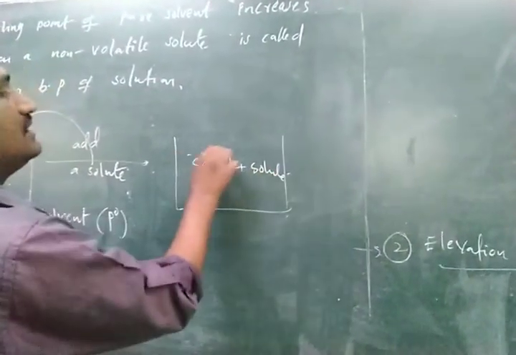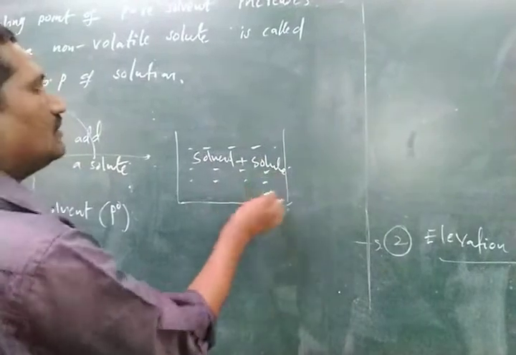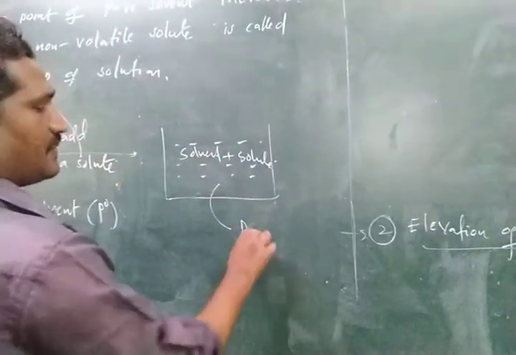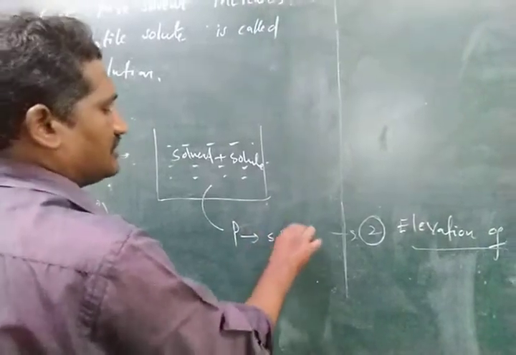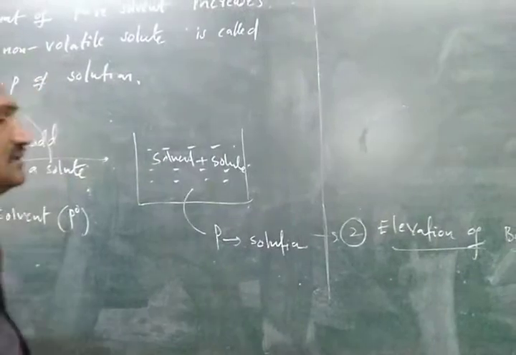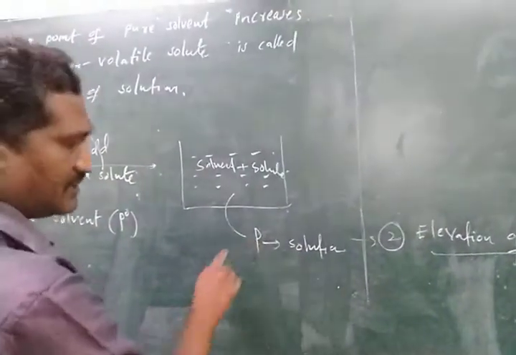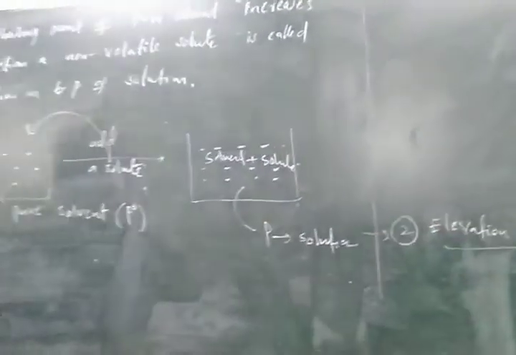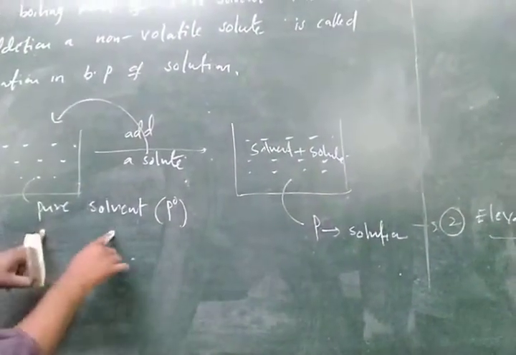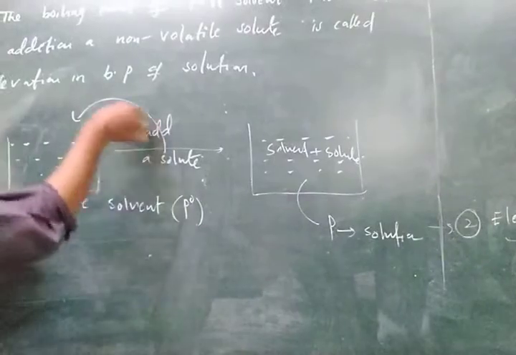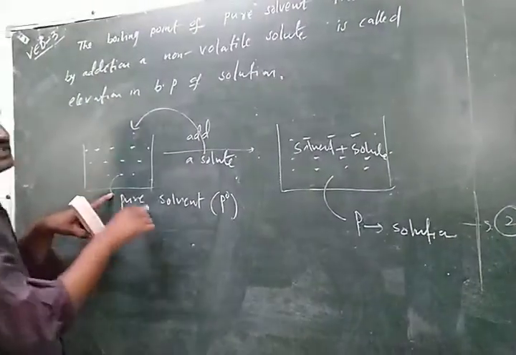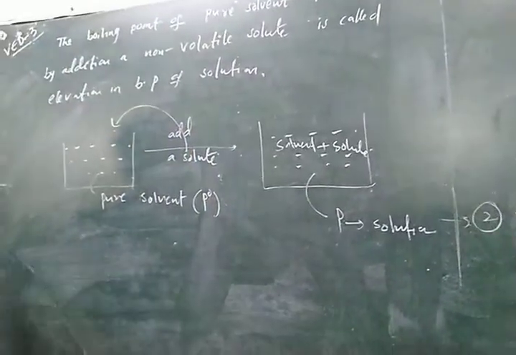Now in this solution the pressure is P. Compared to P0, P is more. So by the addition of non-volatile solute, the pressure of pure solvent increases.